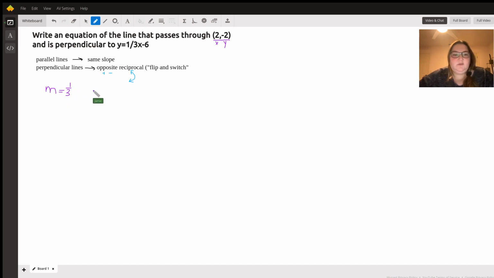Once we have our point of 2, -2 and our slope, we really don't need the rest of the equation. In fact, we could cross it out if we want. The only thing we need to know is that it's perpendicular, right?